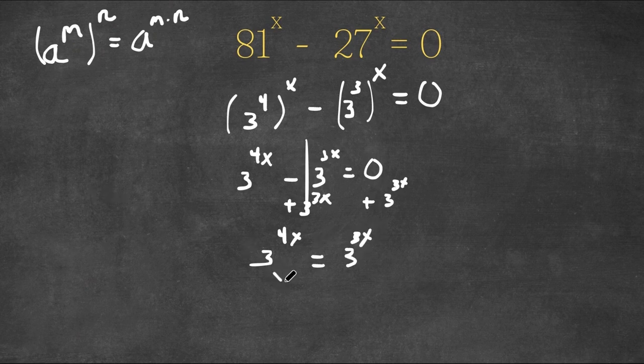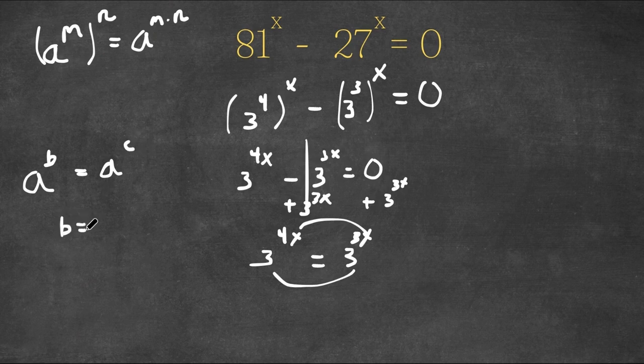Now, because these two bases are the same, this also means that the exponents are the same as well. Because if we have a to the power of b equals a to the power of c, this means that b is equal to c, meaning 4x is equal to 3x.